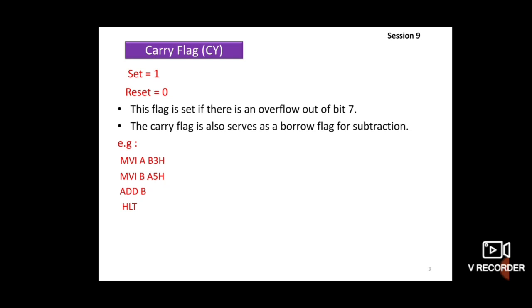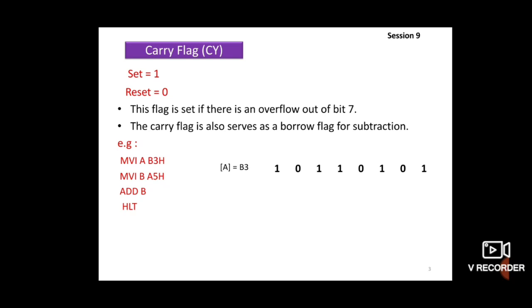So what do you mean by MVI A B3H? H indicates a hexadecimal number. A and B are general purpose registers. MVI means move immediate. ADD B means addition of the B register with A, and storing the result in the accumulator.